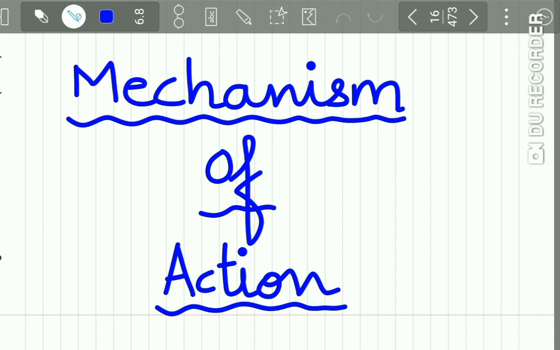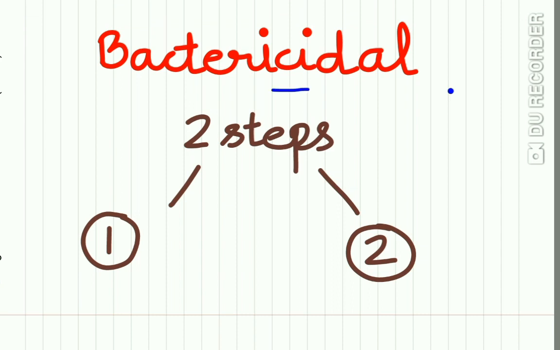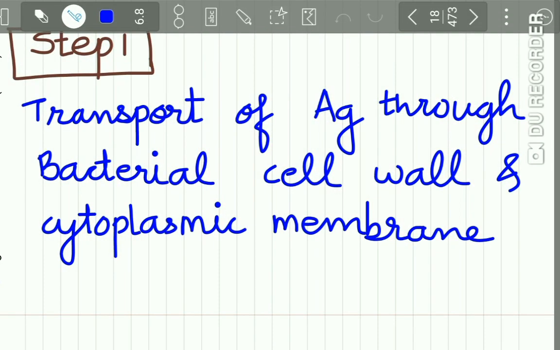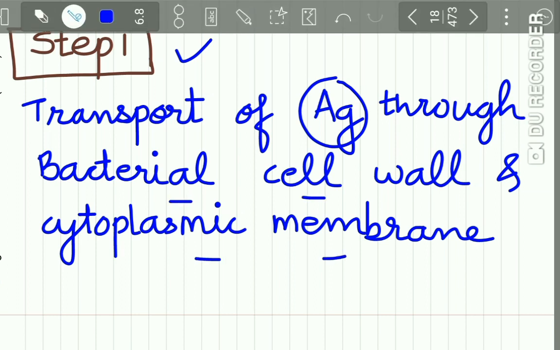Now let us study the mechanism of action of aminoglycosides. The action is mainly bactericidal and it can be described in two steps, step 1 and step 2. Now let us study in detail what are these steps. In step 1, there is transport of the aminoglycoside through the bacterial cell wall and the cytoplasmic membrane.